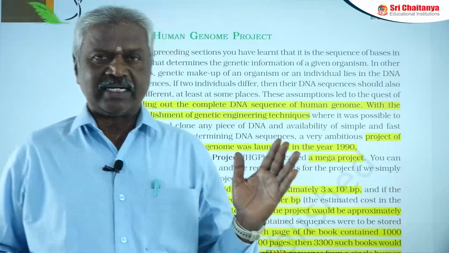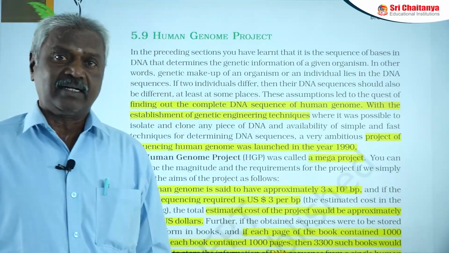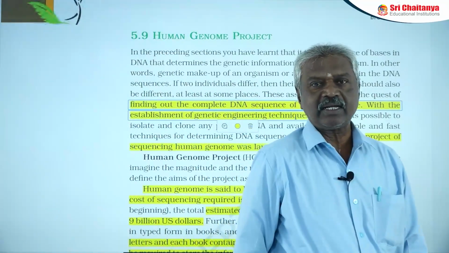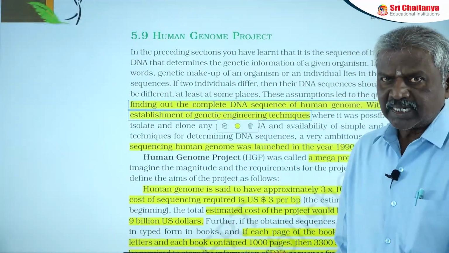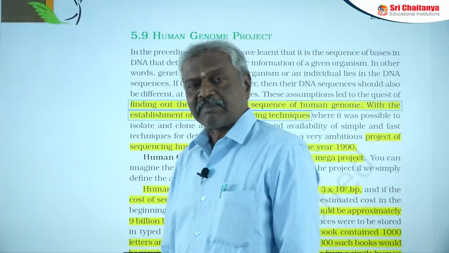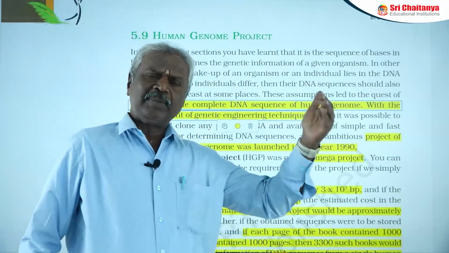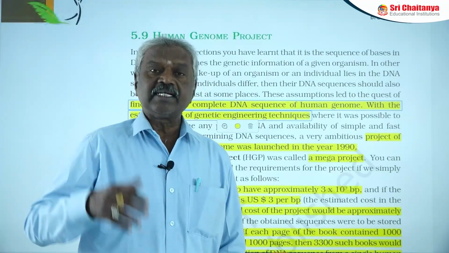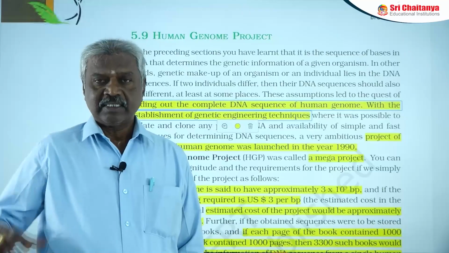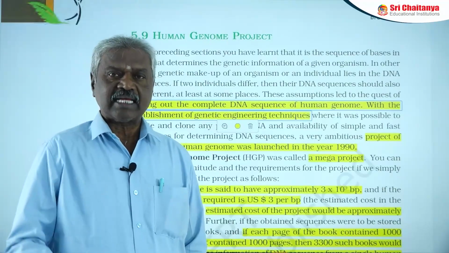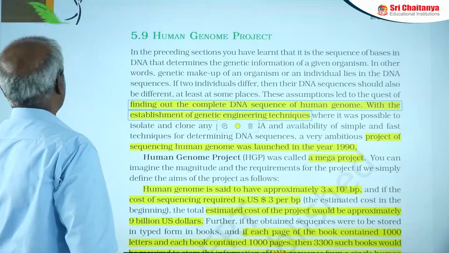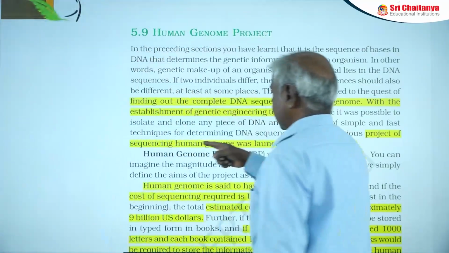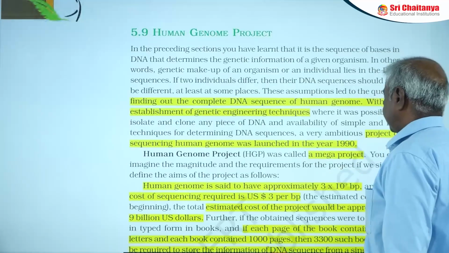That gentleman discovered the automated DNA sequencing method, which comes under genetic engineering techniques. That's why it became absolutely possible. So the project of sequencing the human genome was launched in the year 1990.